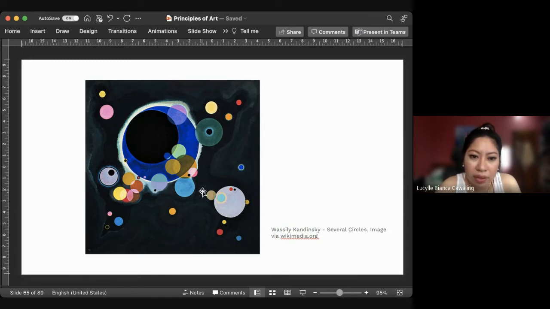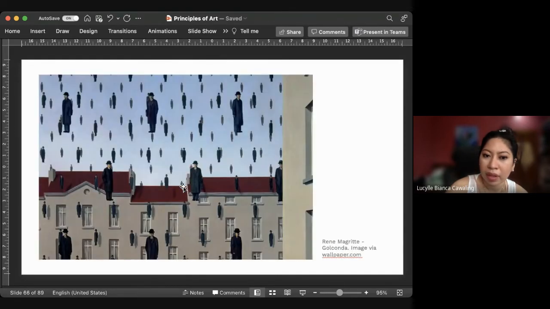So you could see how there is also unity with diversity, but there are different sizes, different colors, but you could see how the shapes are almost the same or similar, but there is still unity or harmony in the painting. And then this is by René Magritte, Golconda.